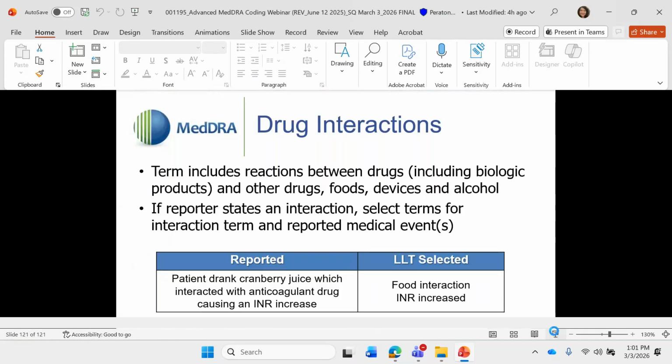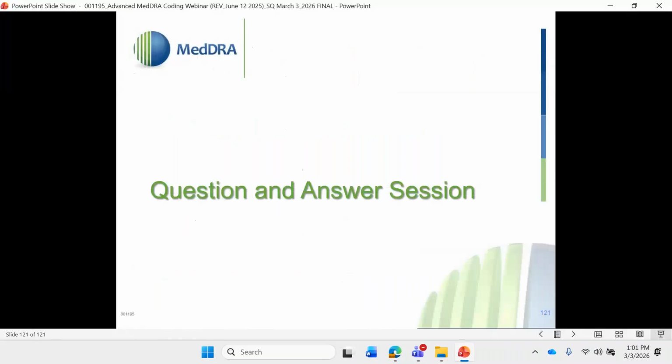If there's enough medical contextual information that makes your medical judgment say, of course it's a myocardial infarction because of other additional information, then you can make that leap.